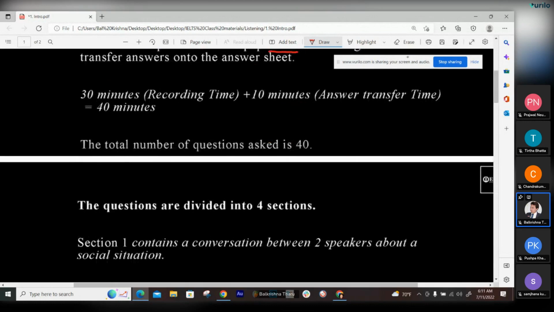The total number of questions asked is 40, both in your paper based and computer delivered IELTS. In both the modules, you are asked 40 questions.